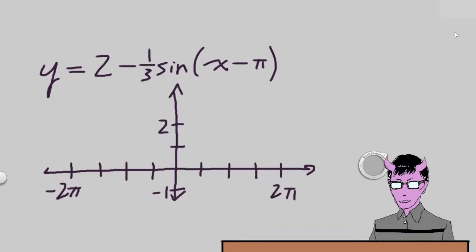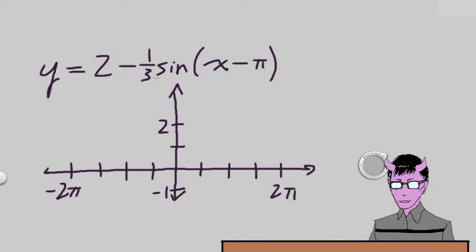Okay. So if we were to graph this so far, just taking into consideration amplitude, sine of x, just these. Then we'll consider the reflection, and then the shift later. So first, just this part right here.